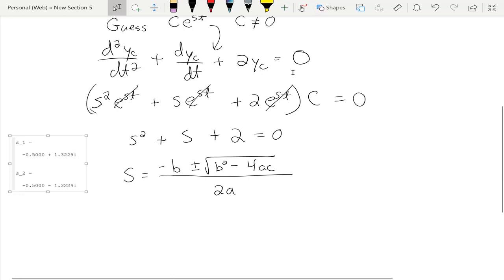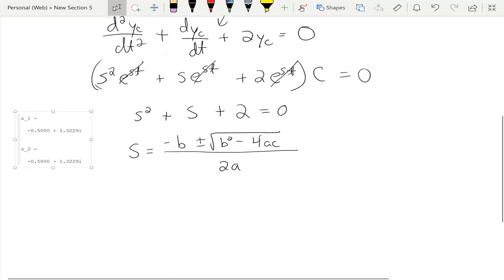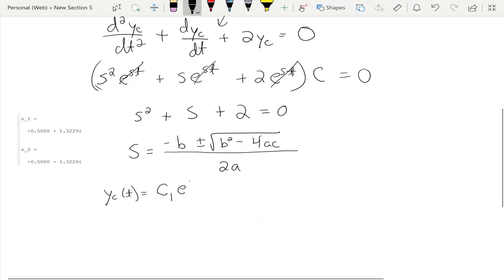First of all, what does that tell me at this point about what my transient solution is? Y sub c of t equals what at that point? So I'm going to say C1 e to the S1 t plus C2 e to the S2 t, technically all times u of t.